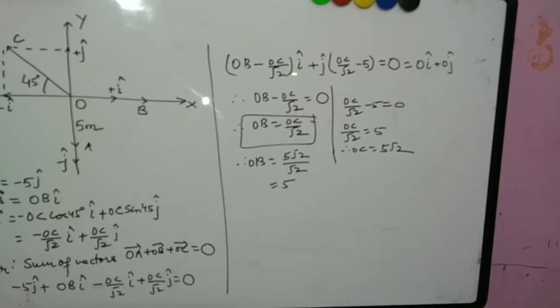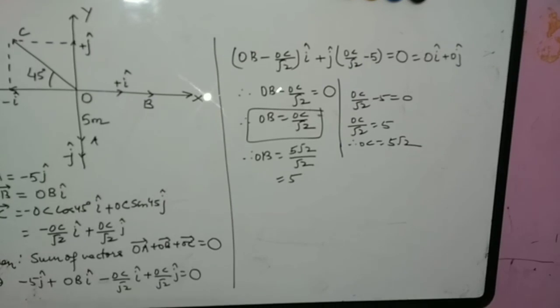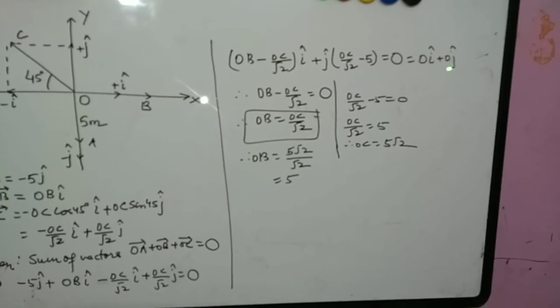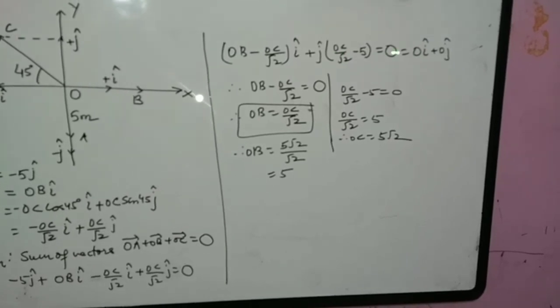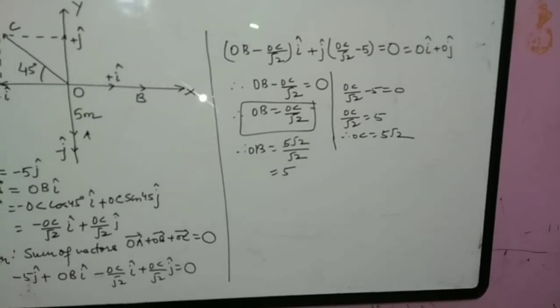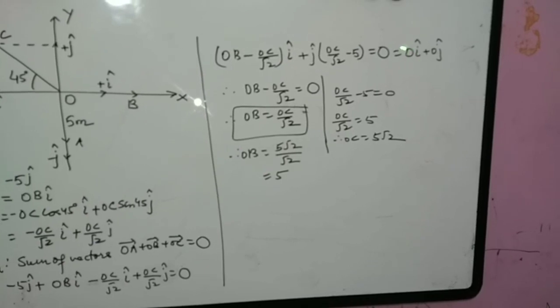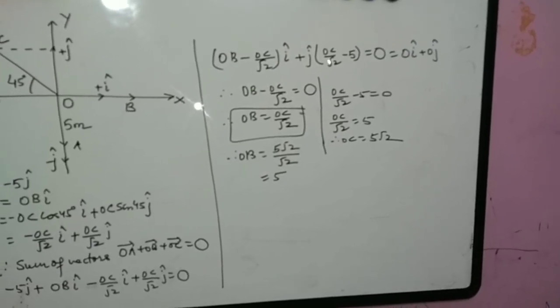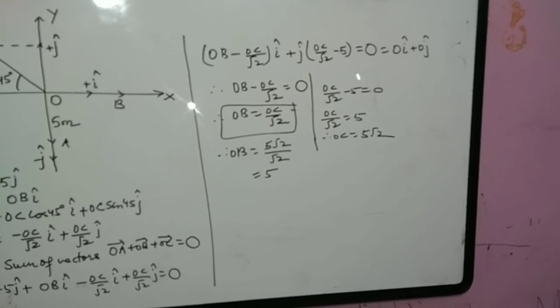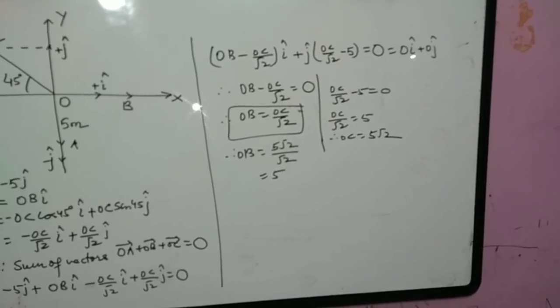These are two equal vectors, so we equate the i component and the j component. Taking the i component, OB minus OC by root 2 equals 0. And for the j component, OC by root 2 minus 5 is equal to 0.